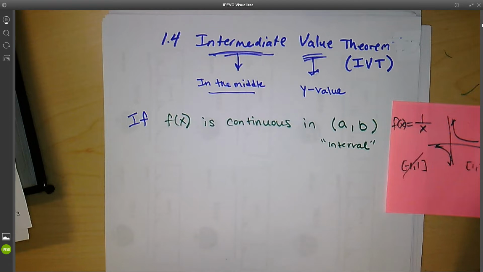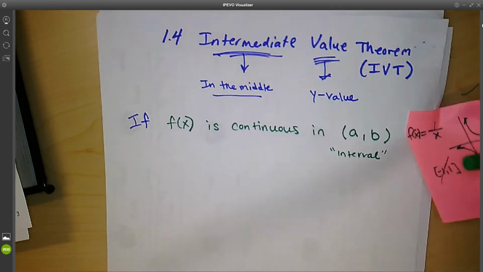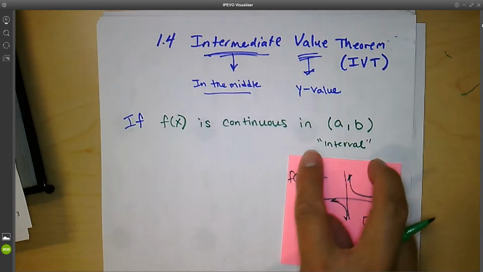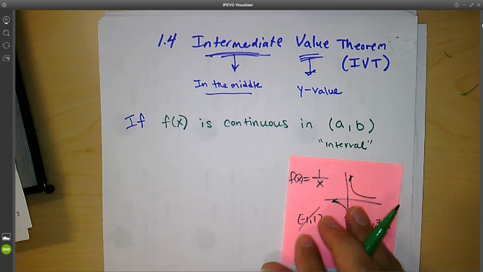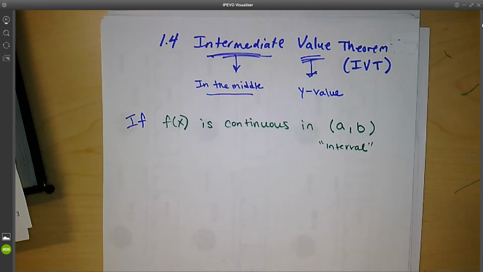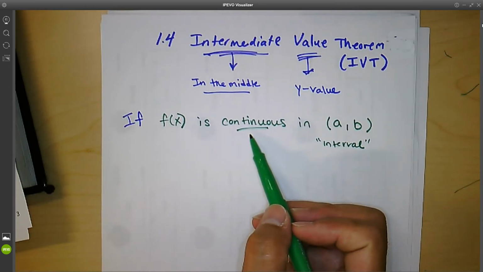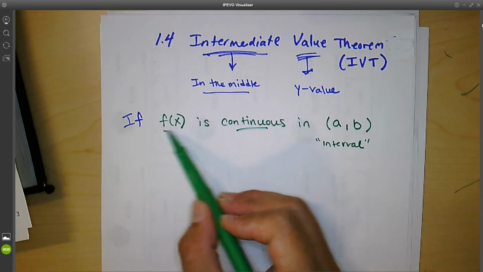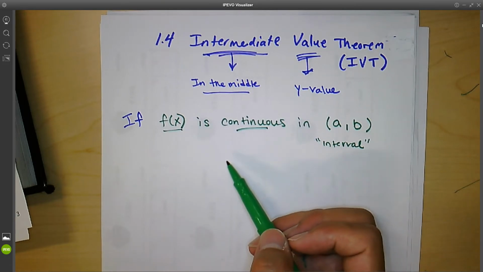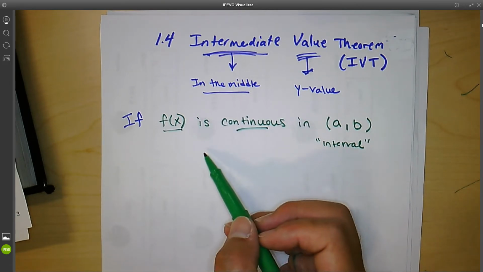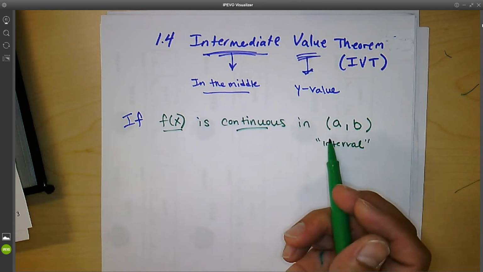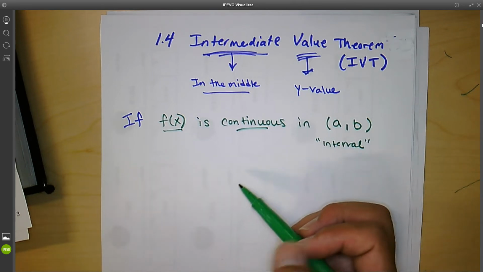So this theorem only concerns about in its interval that it's defined, it must be continuous. So you guys are less technical here. You don't have to prove continuity, but you must acknowledge that the function is continuous. So you must write a statement, f of x is continuous, before you move on to the next part of the theorem.